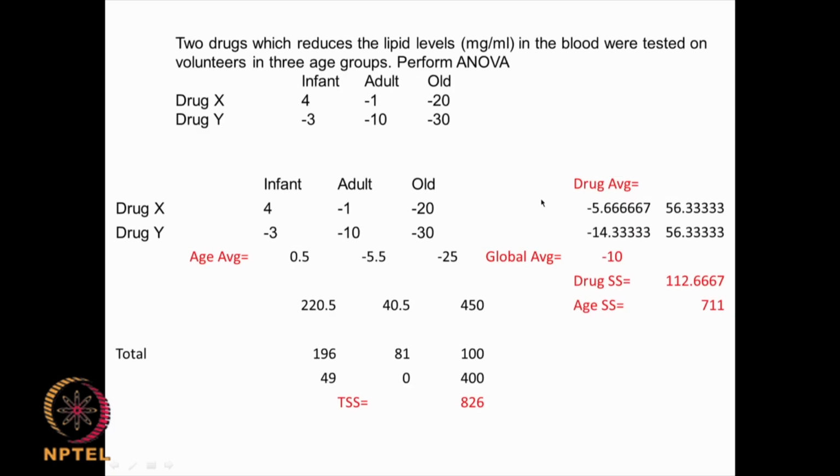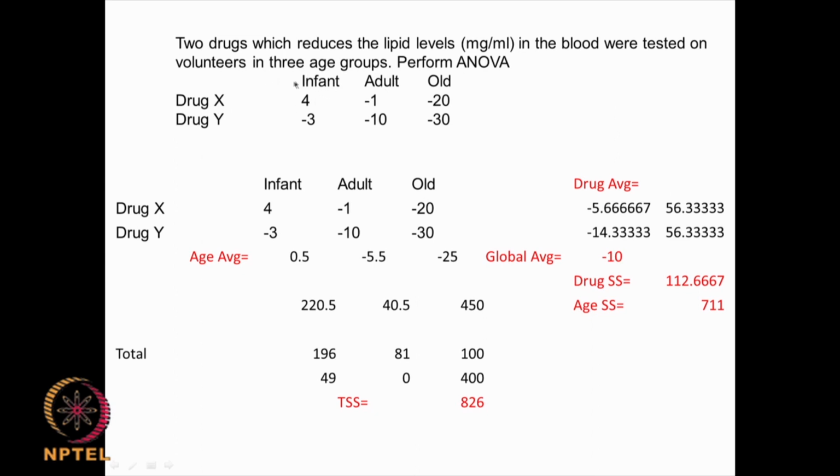Okay. Let us look at another problem which deals with a two-way situation. Okay. So we have 2 drugs, being tested on 3 different age groups. We call it the old age group, the adult age group, and the infant age group.